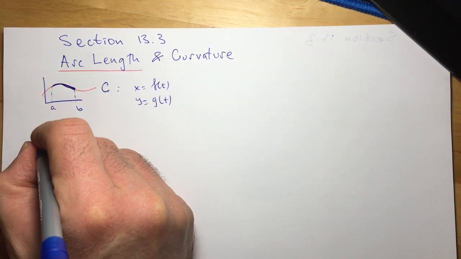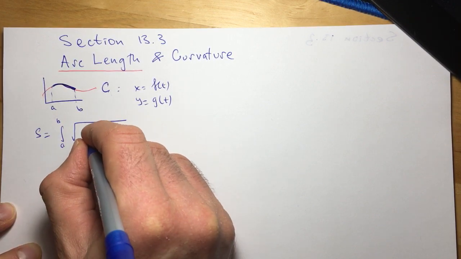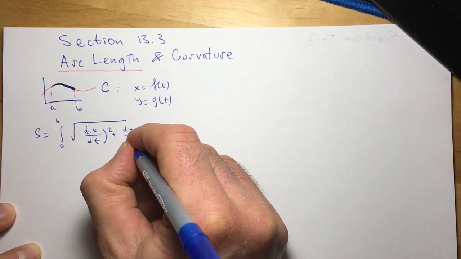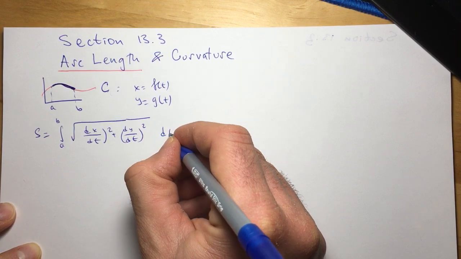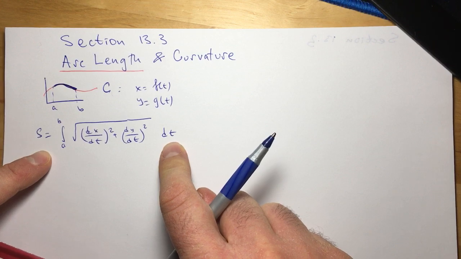Then the length S was equal to the definite integral from a to b of the square root of (dx/dt) squared plus (dy/dt) squared, integrated with respect to t, of course. So this is what we know from the previous chapter, right?